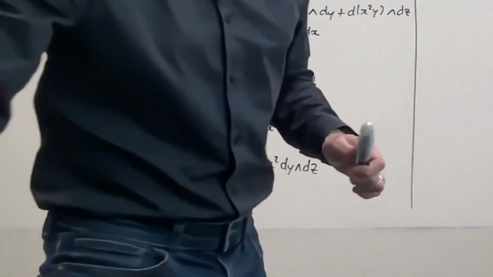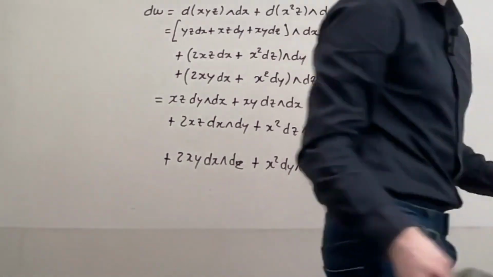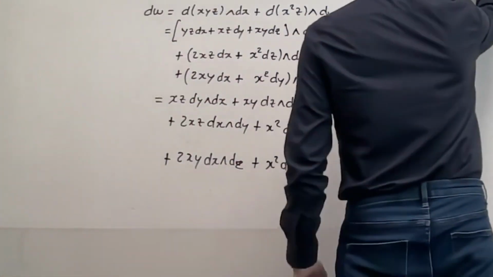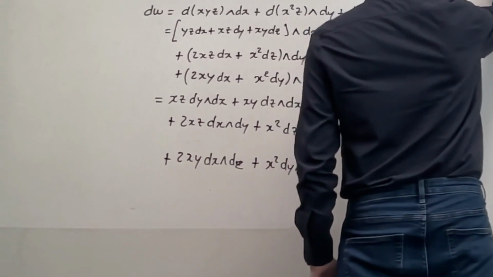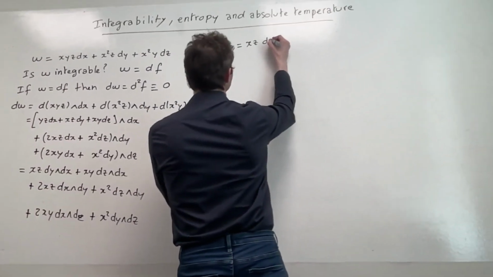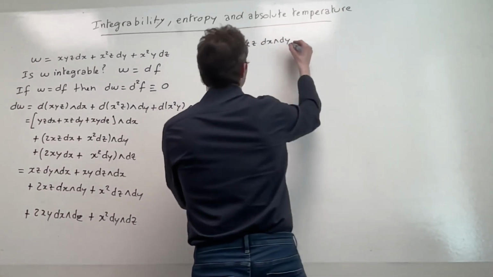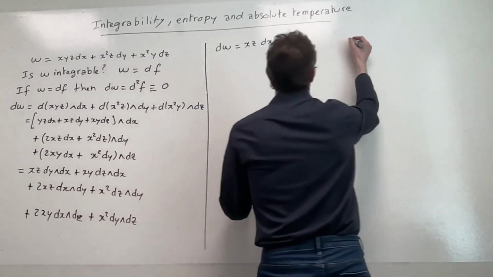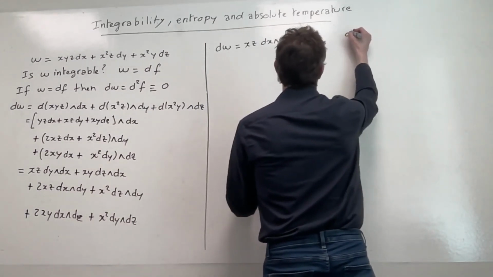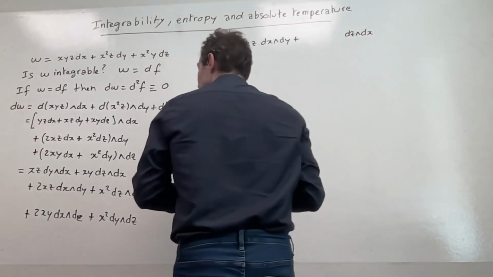So let's write it directly with xz, and then dx dy. Then we've got a plus here, and that's going to be dz dx.